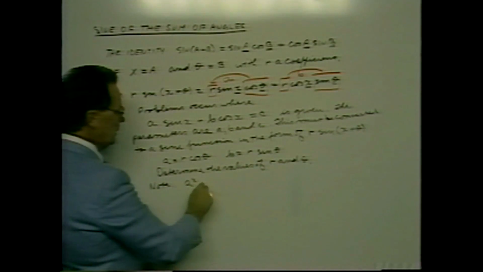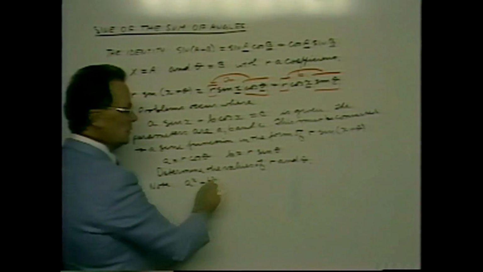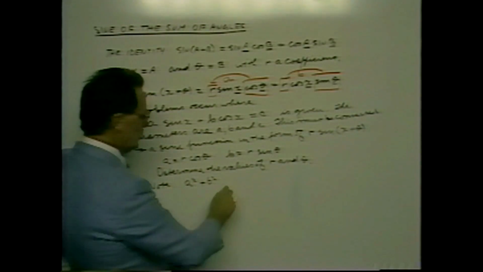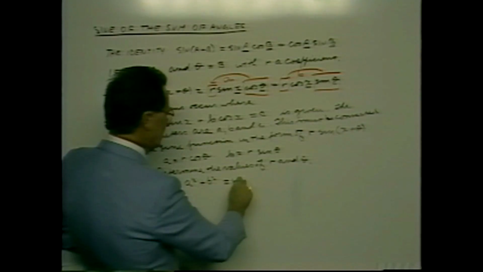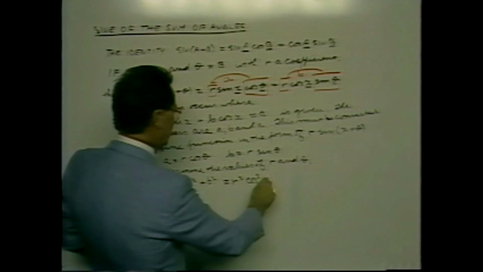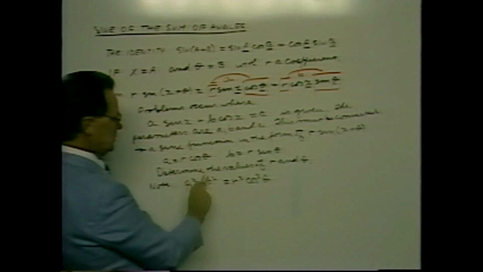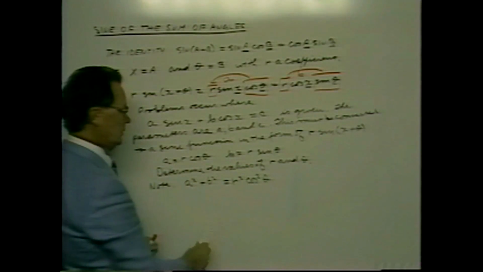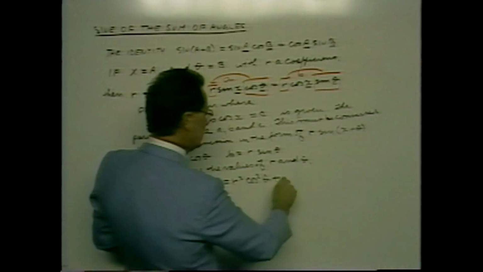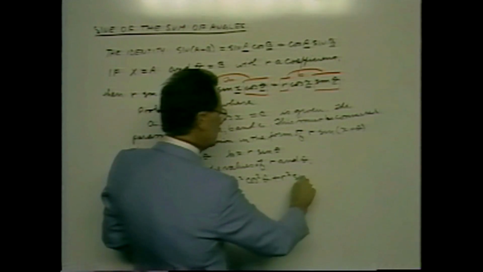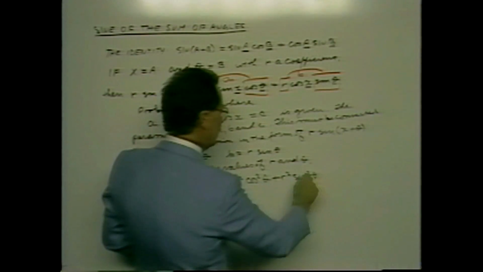Note the following: a squared plus b squared is equal to r squared cos squared theta plus r squared sine squared theta.